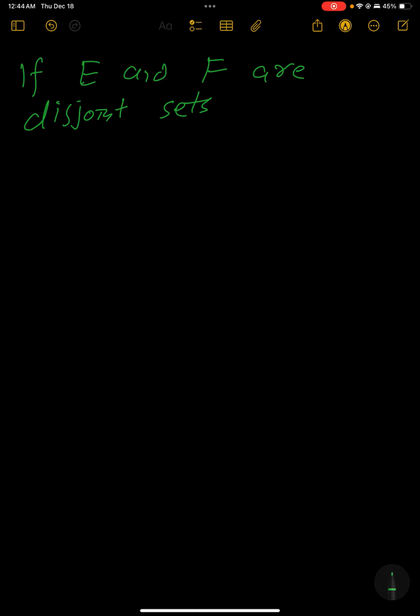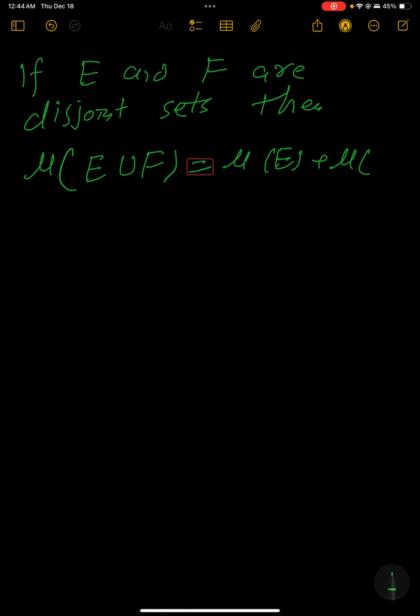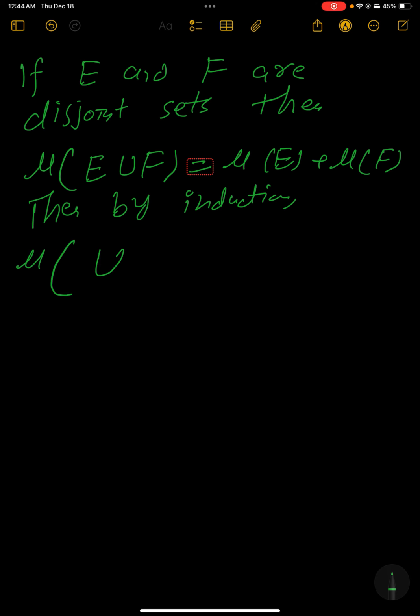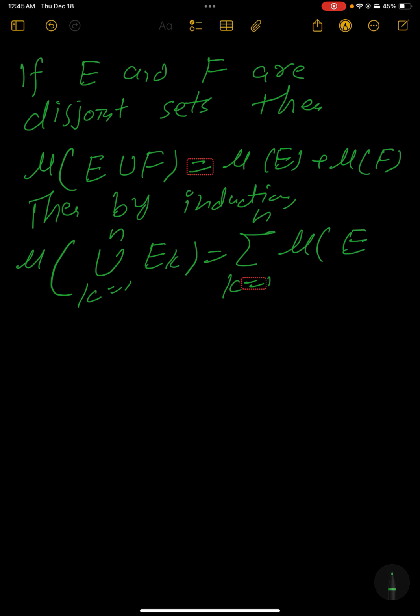So how can we show this? First, if E and F are disjoint sets, then by the second property of measure, the measure of E union F is the measure of E plus the measure of F. Then by induction, the measure of the union of E_k, k equals 1 up to n, is the sum of k equals 1 up to n of the measure of E_k.